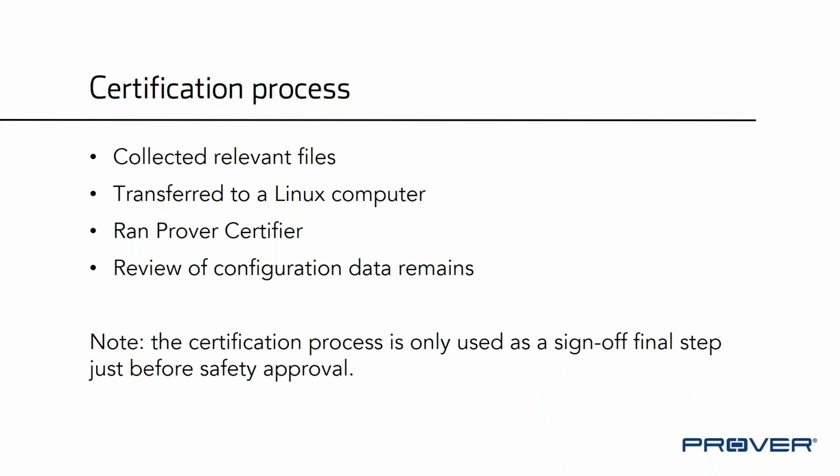It always has to be done. And the certification process here is only used as a sign-off final step just before safety approval. It's more handy to work in ProViloc in the Windows program over and over again, but to be absolutely sure, it's worth logging into a Linux computer in the end and run the certification process.